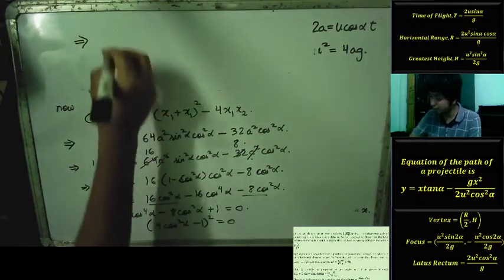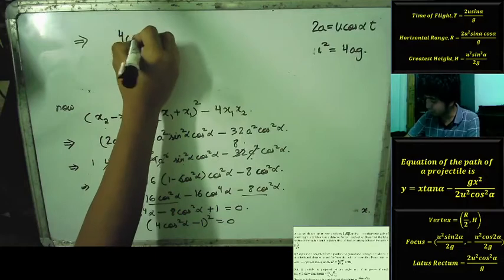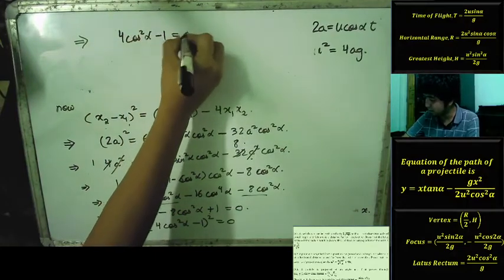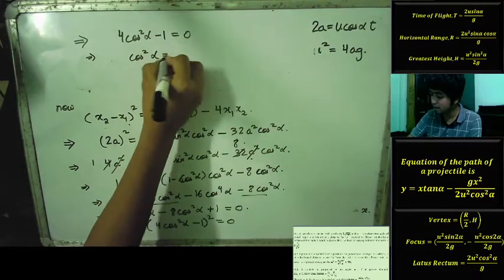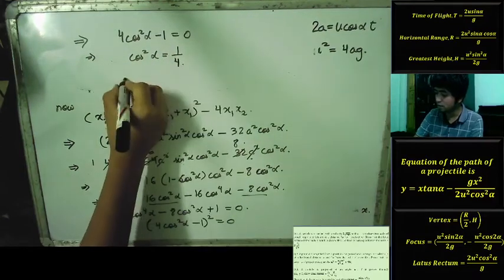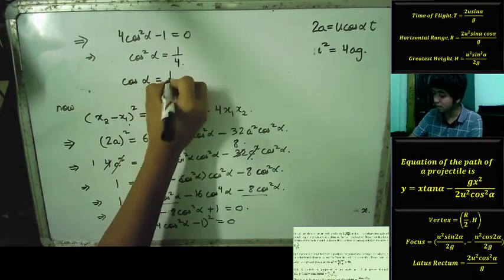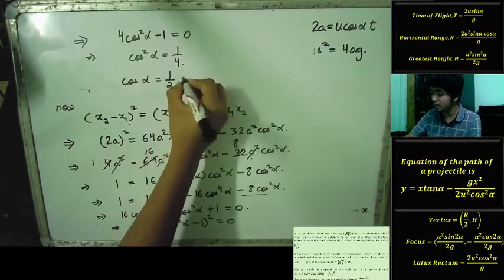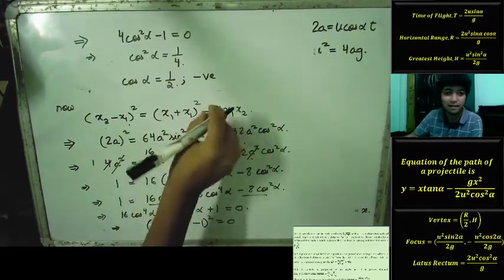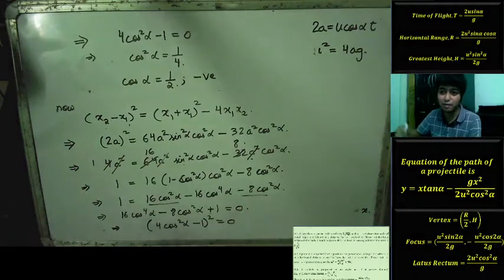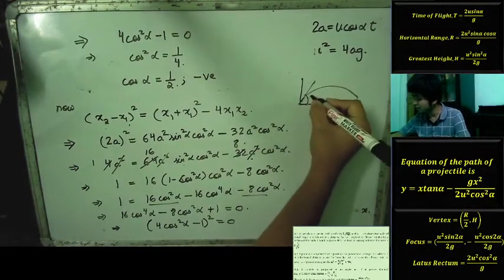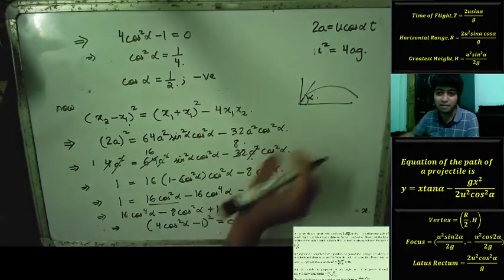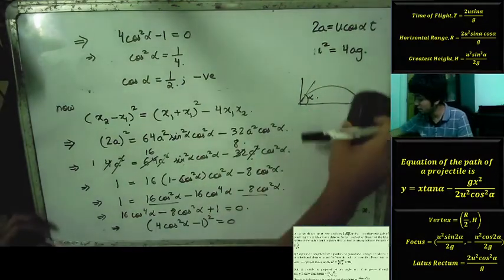Now over here we can just write 4 cos squared alpha minus 1 equal to 0. So cos squared alpha equals 1 by 4, so cos alpha equals 1 by 2. The negative sign is rejected because if you remember, the angle alpha was in the first quadrant, so cos alpha will be positive.